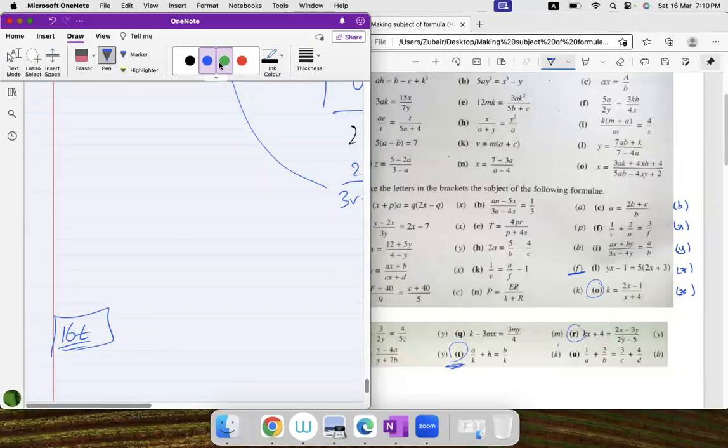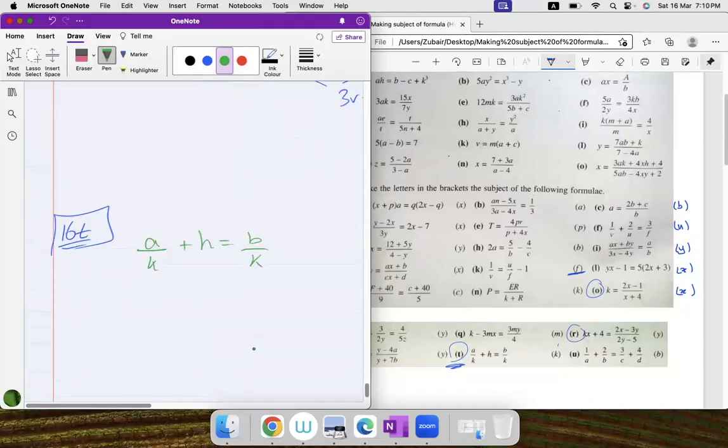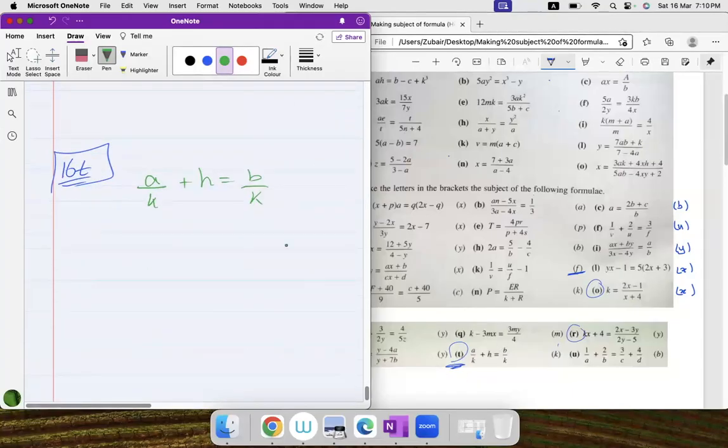16t says a over k plus h is equal to b over k, and we have to make k the subject. So we have to make k the subject. Okay.